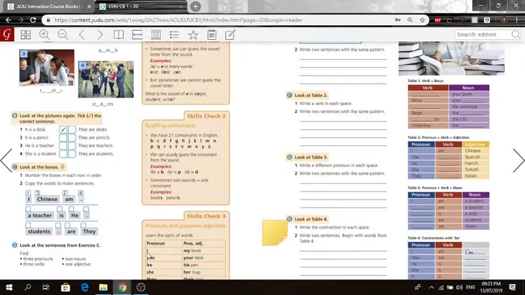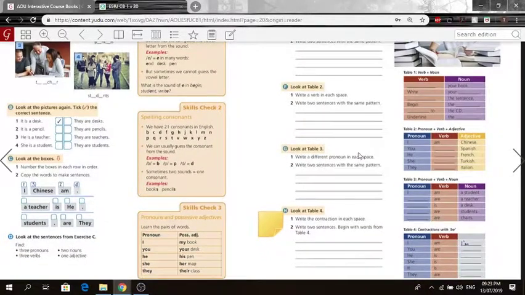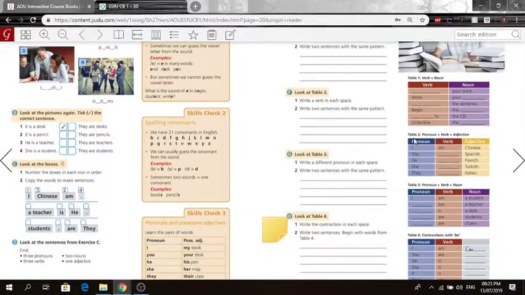Let's go back and finish the... okay, which one was it? Yep, it was this one. So table number 2, pronoun plus verb plus adjective, right? So I, obviously we said I always goes with am, so I am Chinese. You, by the way, this is also a good one. You always goes with are, okay? You might be thinking, how can you go with are? It uses plural, okay?